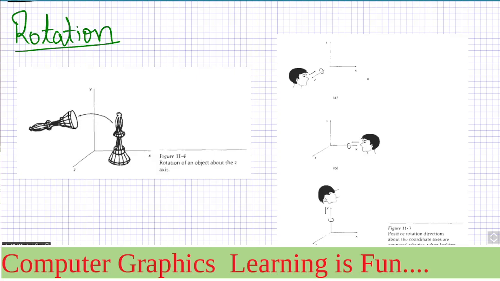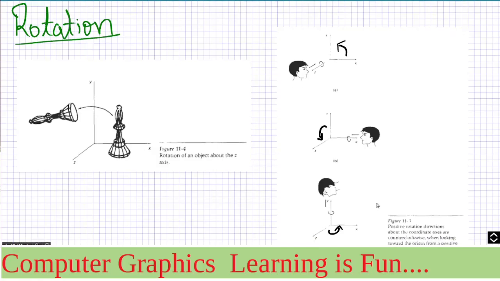Whenever you were doing it in 2 dimensions, it was only the xy plane, right? So considering the z axis, you can rotate between x and y. Now if you consider the x axis, you can rotate between y and z. If you consider the y axis, then you can rotate from z to x.